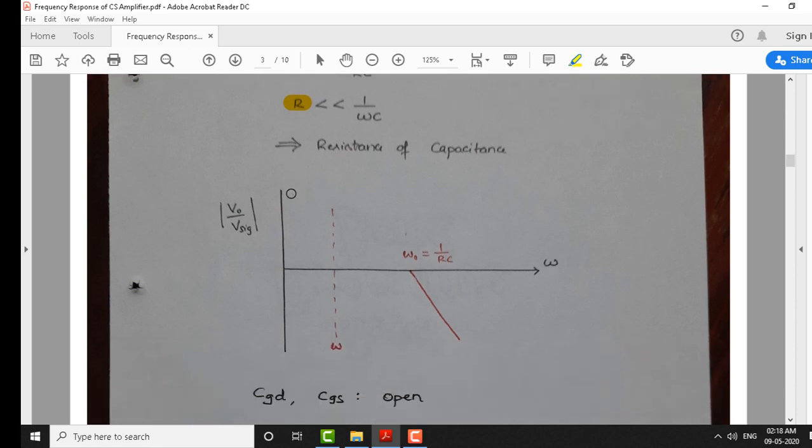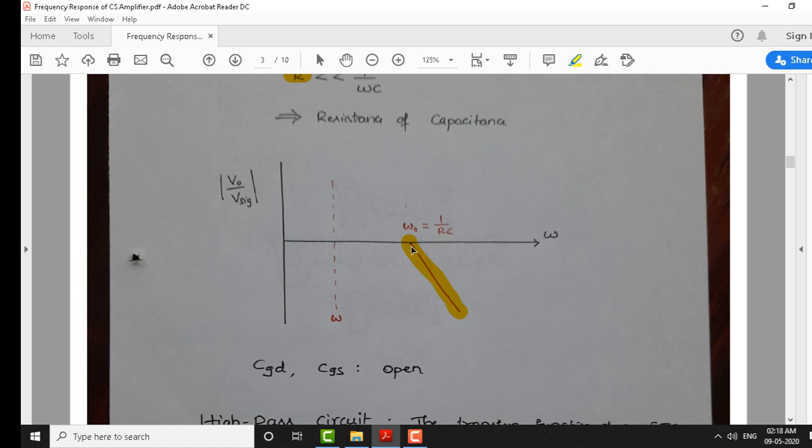Now, if we plot the Bode plot for the low frequency, the behavior is going to be like this. This is actually a Bode plot of a common source amplifier, especially the low pass filter. As we can see, at the cutoff frequency the gain drops, and till omega naught the gain is almost constant. As we said already, at high frequencies the capacitances like CGD and CGS have to behave like an open circuit.